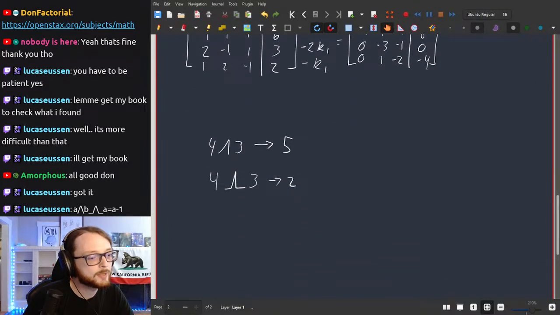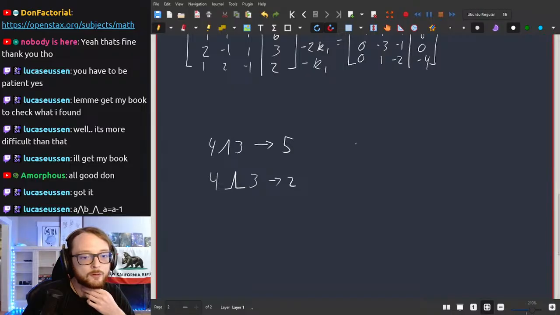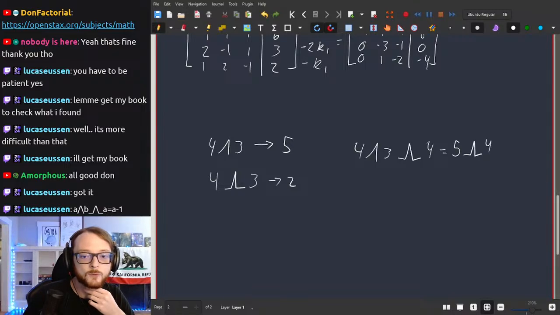Oh wait, no, okay. So if I did 4 wedge 3 inverse wedge 4, assuming we go left to right here, we get 5 inverse wedge 4, and that is 3. Okay, so it gives us a result that we can expect, I guess.